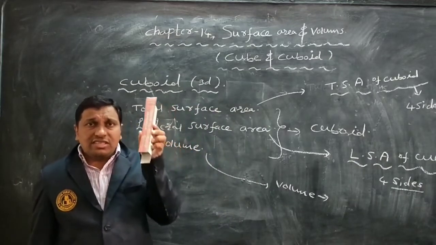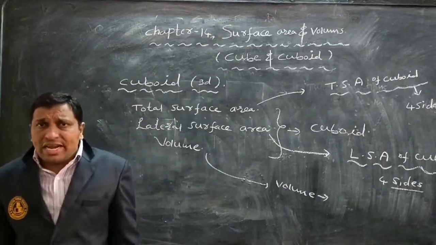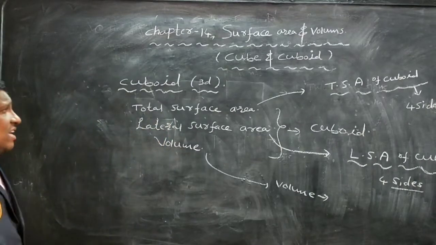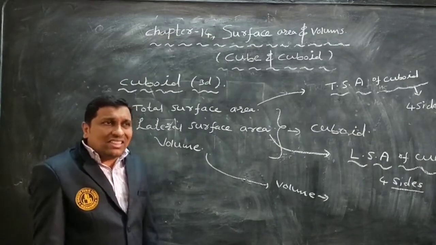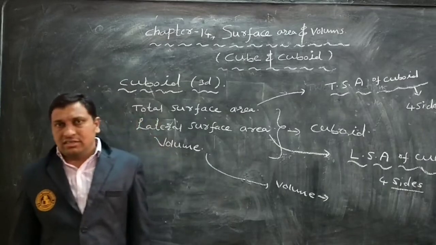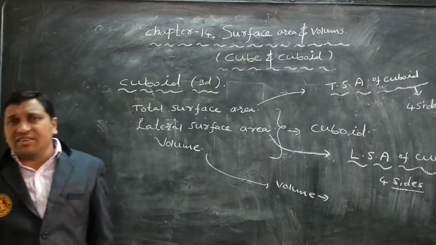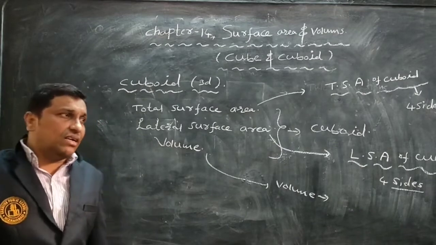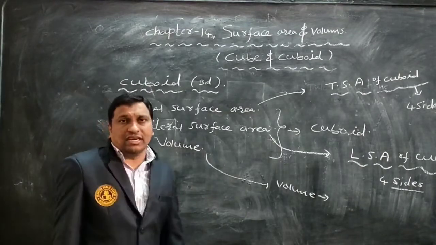Do you know the difference between a cube and a cuboid? In a cuboid, there are 3 different dimensions, so length is not equal to breadth and breadth is not equal to height. Understood? In a cube, all dimensions are equal: length equals breadth and breadth equals height. That is important.